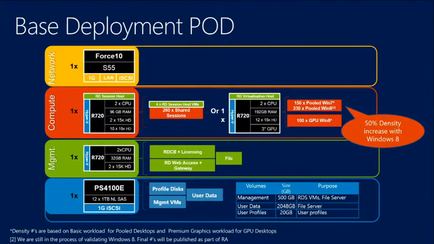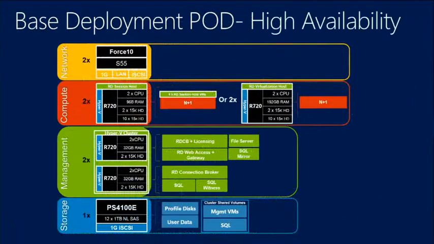So it's not double, but a lot more virtual desktops on the same hardware if you're using Windows 8. So without expanding or putting more hardware there, which I think is really important.